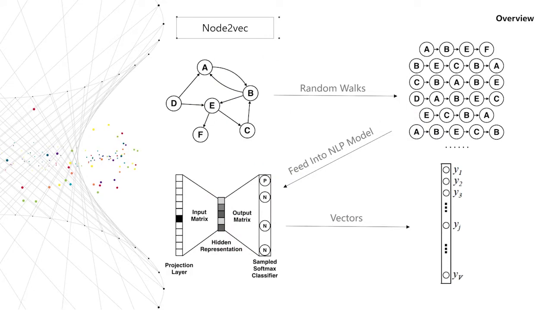Node2vec generates sequences of nodes by simulating random walks on a given graph, and then these sequences are fed into a neural language model, such as Word2vec, to learn the embedding vectors. By introducing P and Q, node2vec can control the strategy of random walk, that is DFS or BFS.